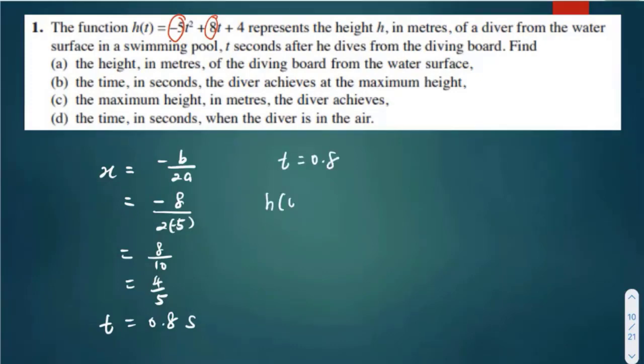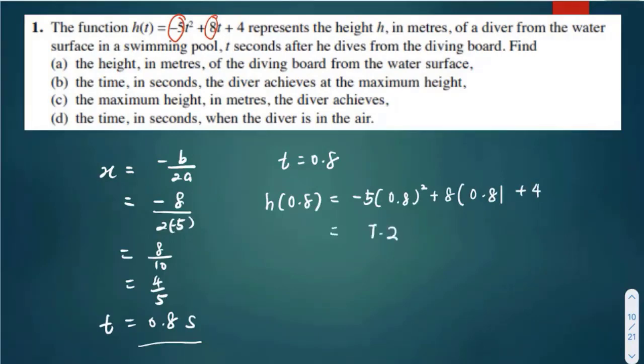So we will have to use the 0.8 to get the height because this is a maximum. The time is 0.8, right or not? So you substitute in lah, masukkan nilai tu: negative 5 times 0.8 square plus 8 times 0.8 plus 4. Press your calculator, so you manage to get 7.2 meter.